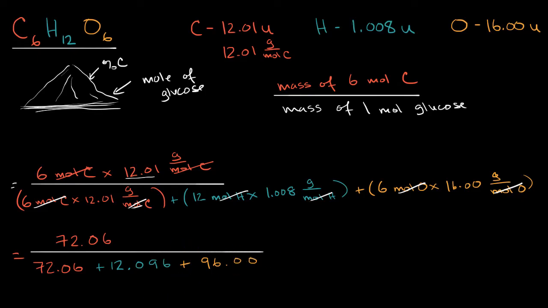And this will be equal to, if we're just thinking about the pure calculation before we think about significant figures, 72.06 plus 12.096 is about 84, plus 96, I get 180.156. Did I do that right?